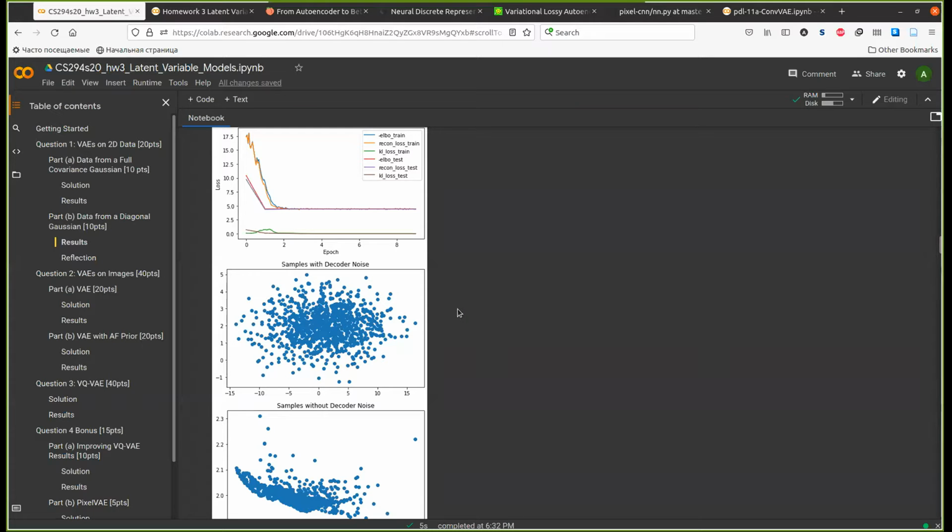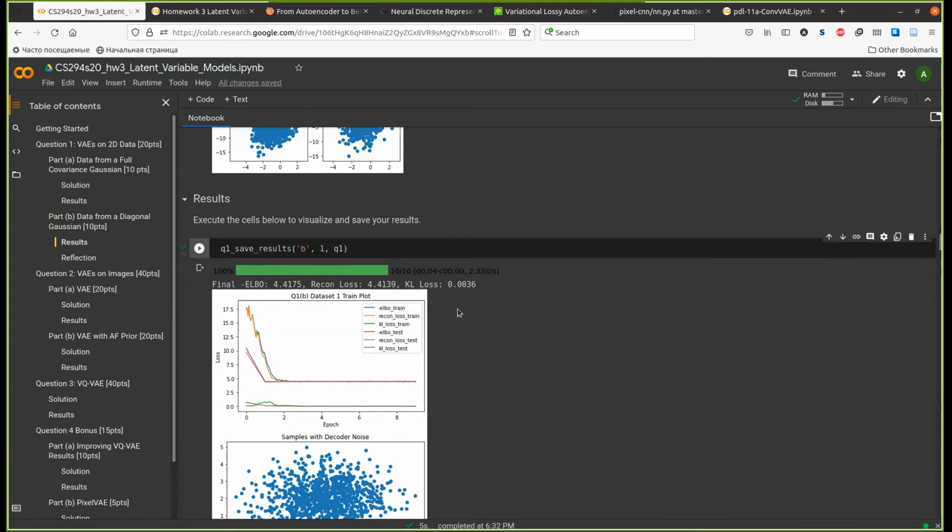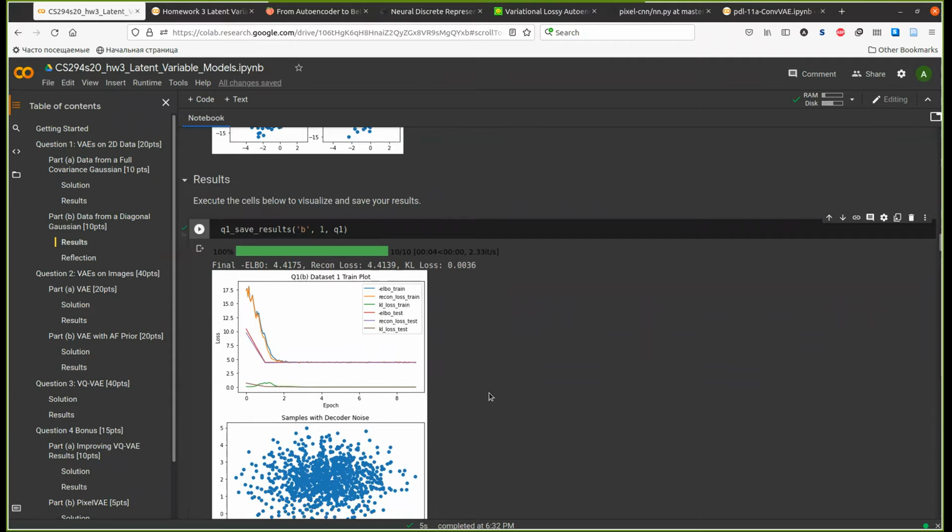point mentioned in the lecture. When you have a powerful decoder, your latent variable is likely to be ignored. So if the decoder can model the output perfectly without referencing the z variable, then it will do just that, because if we cannot gain much in the reconstruction loss, we can always minimize the KL divergence, right?